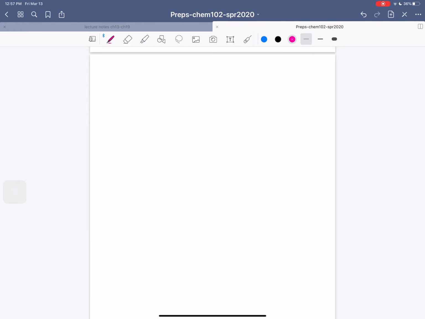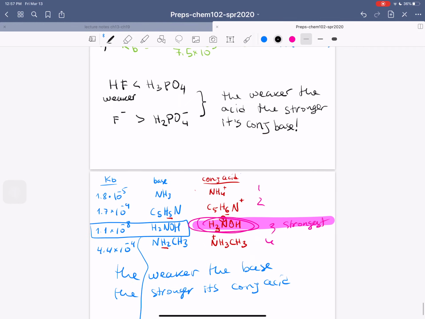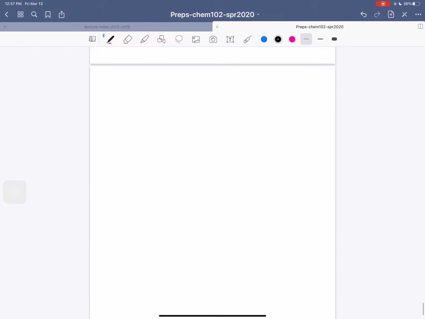So now I want to solve an additional example. We can see that fluoride ion can actually be a weak base. So we will combine two concepts. First of all, I want to show you an example of a problem where we combine two concepts.